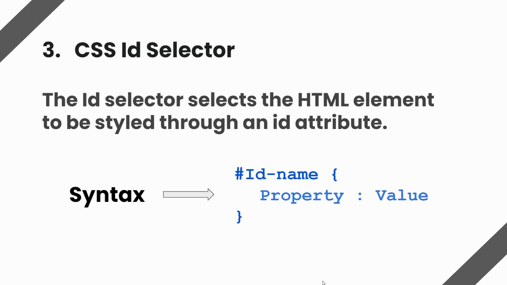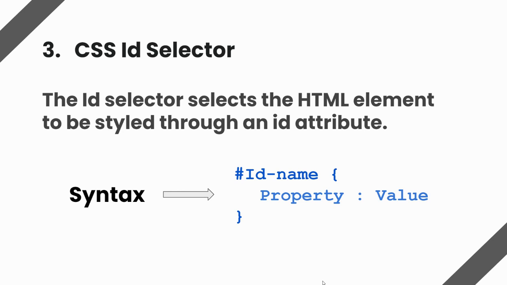Next we have the CSS ID selector. The ID selector selects the HTML element to be styled through an ID attribute. I believe we all know what an ID attribute is, because we used it in the forms class. The ID attribute appears in the input tag of the forms, and it gives you a specific detail of the element that you want to style.